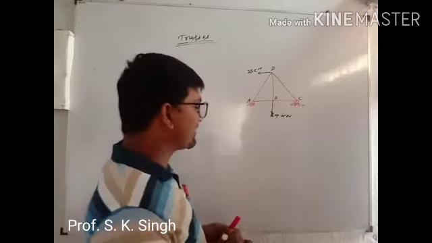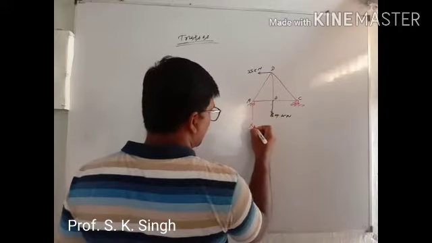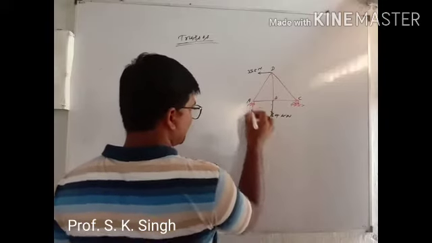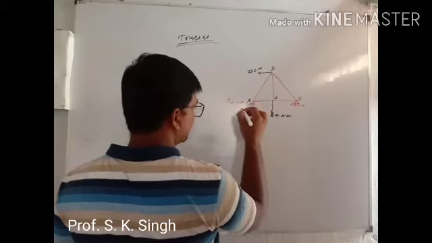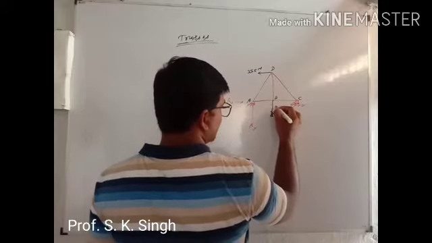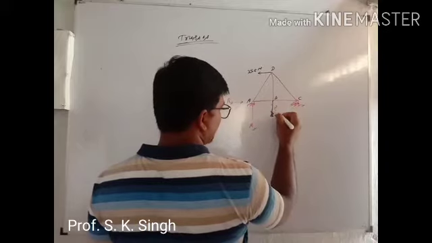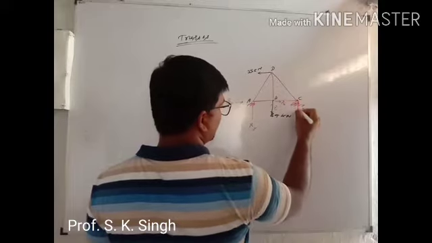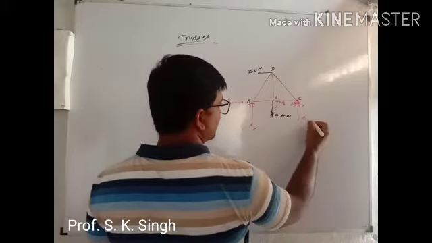First, for the deformation, you should be able to explain the reaction forces: RAx, RAy, and this is load P1, this side is P2, and at this point there is only one reaction, RC.